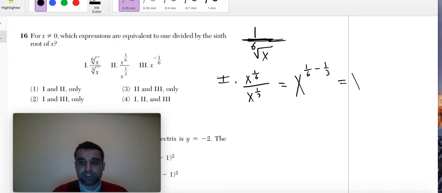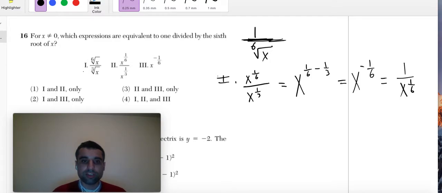So this becomes x to the negative 1/6. X to the negative 1/6 is the same as 1 over x to the positive 1/6, right?